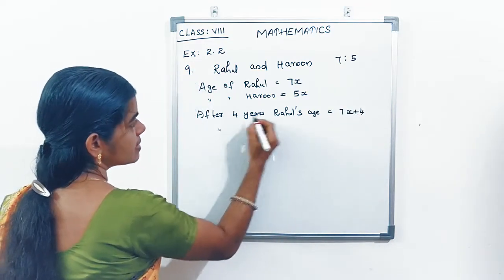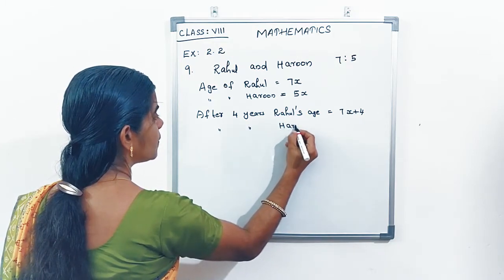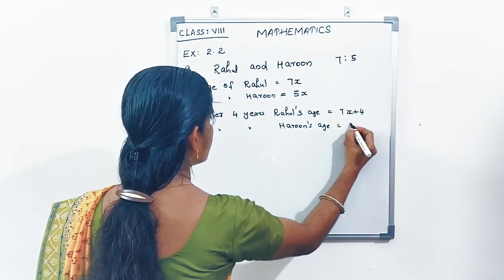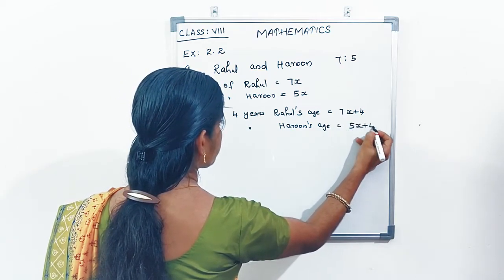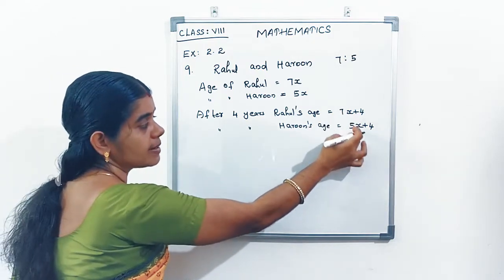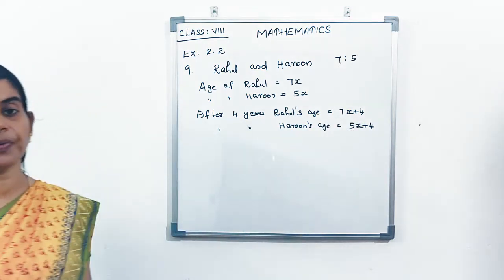After 4 years, Harun's age is equal to 5x plus 4. If you are adding these two, the sum is equal to 56.